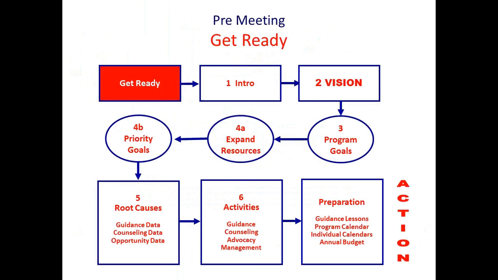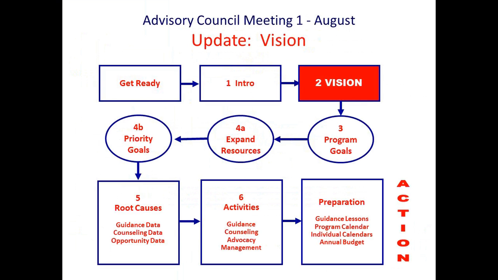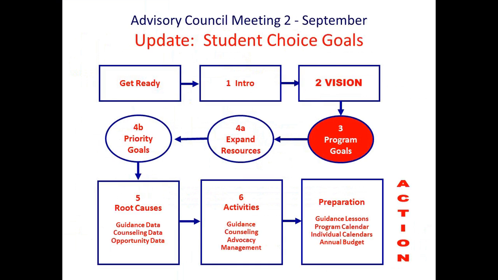Okay, so here's the process, just another way of looking at it. We spent the first part of our time together getting ready, putting your steering team together, collecting data, developing your self-studies, and setting up your advisory council. Then we reviewed your vision statement and updated that. Then in September we looked at your program goals. Remember, those are student choices. We said, what choices do we want kids to make?